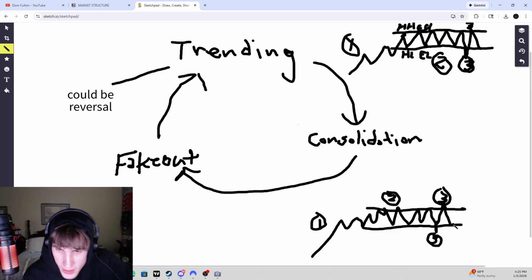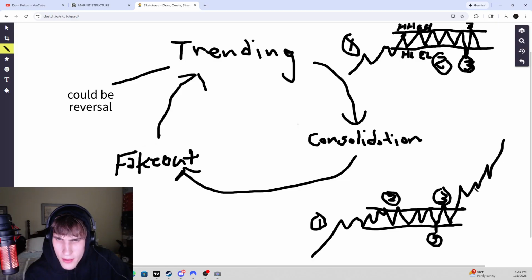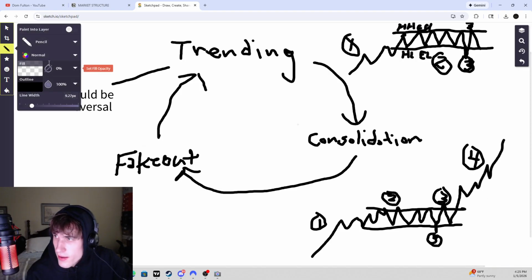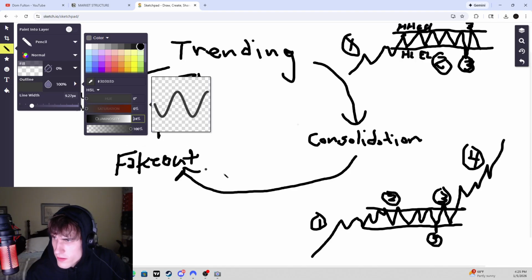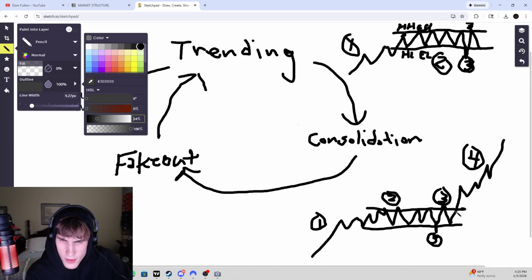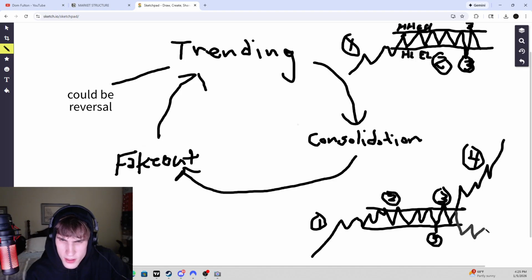Then what could happen? Price could continue higher. This could be step 4 right here. Or price could say, and we're going to draw this in gray just so it looks a little different, nah, we want to continue lower. This right here is a reversal.